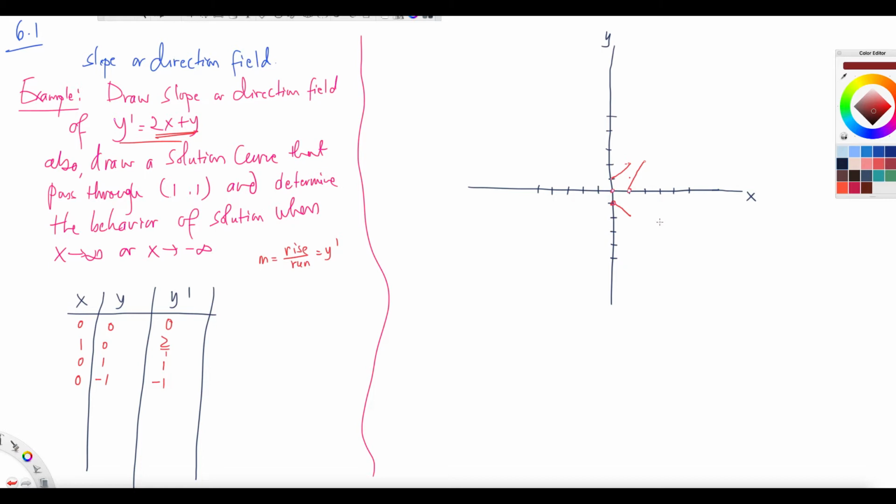Similarly, let us pick -1, 0. What will the slope be at that time? 2 times -1 plus 0 is -2. So rise over run is -2 over 1, and it will look like that.